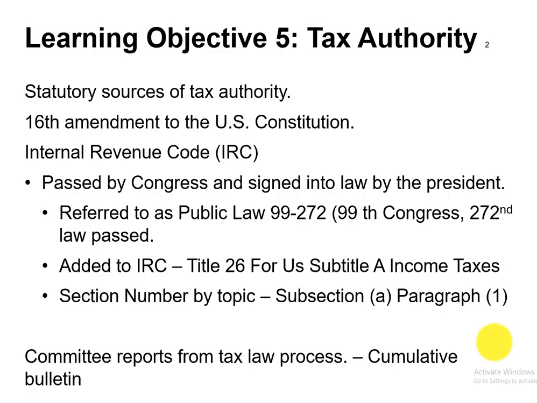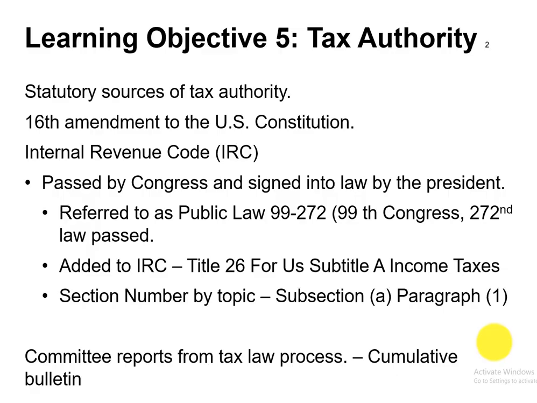So, statutory comes from the Constitution and is referred to as the Internal Revenue Code. When a law is passed by Congress, it's given a number, a public law number, which refers to the Congress that passed it and the number of the law passed. Often we give silly and sometimes not even accurate descriptions instead of those numbers, but that's the official way they're filed.